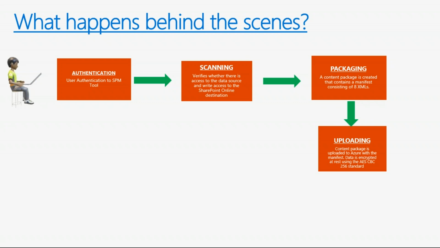Since your data is transmitted over the internet, along with the manifest files, the files which you are migrating, whatever document libraries or lists you're migrating, are also encrypted using the AES 256 standard. It is only Azure and SPO which are talking. There is no other intervention, because once you have submitted the migration, there is nothing that you can do, and no one else is coming inside that.